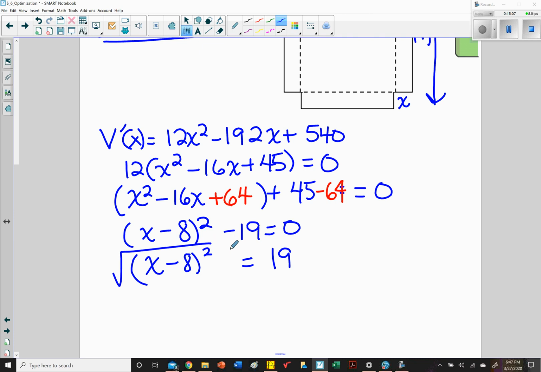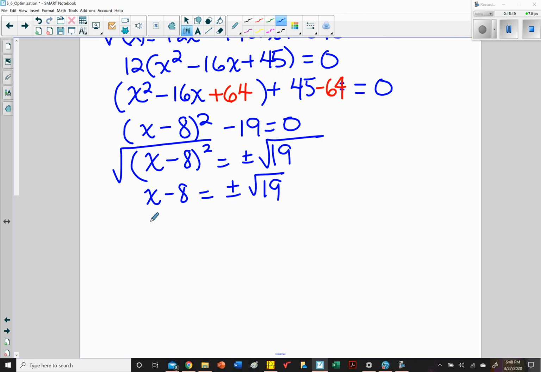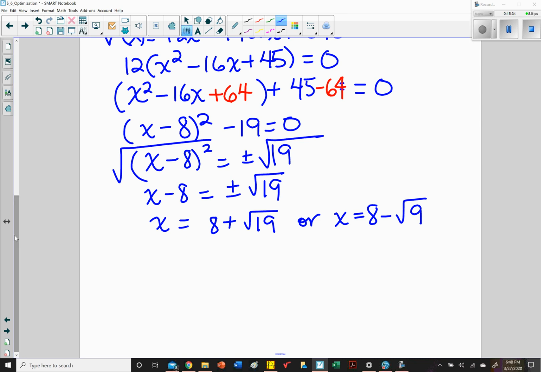The plus or minus square root of 19 gives us x minus 8 equals plus or minus radical 19. So x is 8 plus the square root of 19, or x is 8 minus the square root of 19. Now that leads me to think about the domain a second.